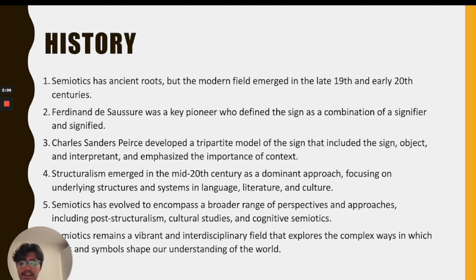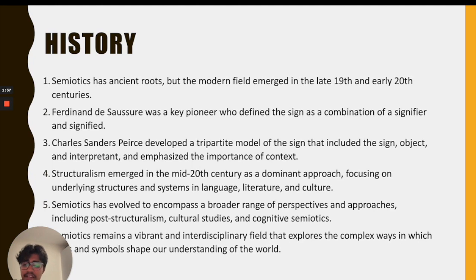Another important figure in the development of semiotics was Charles Sanders Peirce, an American philosopher and mathematician who coined the term semiotics and developed a tripartite model of the sign that includes the sign itself, the object, and the interpretant. Peirce's work also emphasized the importance of context in the interpretation of signs.